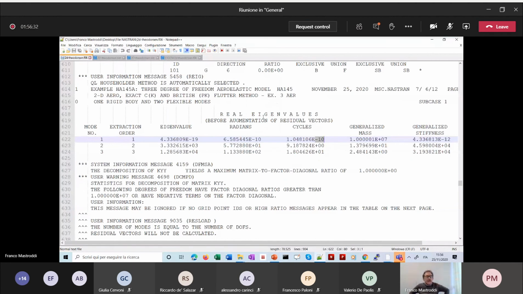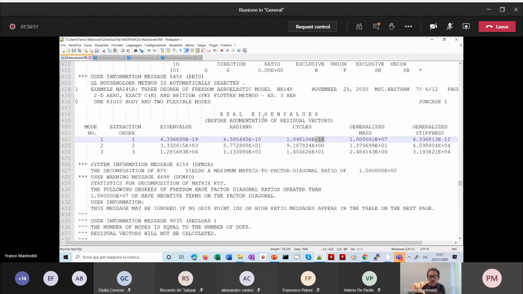The modal analysis is the necessary preliminary analysis for any kind of flutter analysis, because we want to represent our problem in modal coordinates. We originally have mass and stiffness matrices, not diagonal.